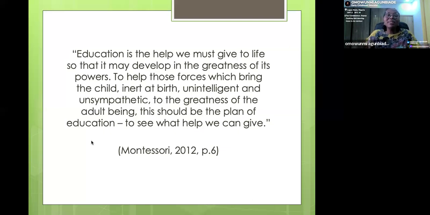But what we make the child become is what we give the child in the environment. If we repress it, then that child will not become what it's supposed to be. But if we give the child all that is required, then the child will blossom. I brought something here. The implication for education, knowing that it's supposed to help to give life.